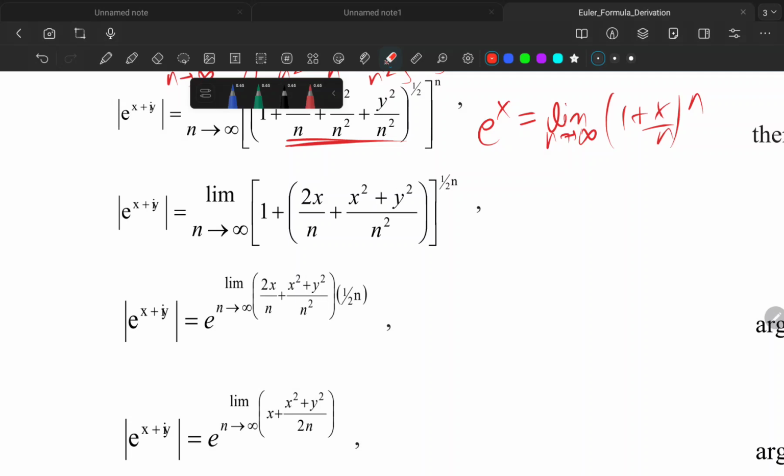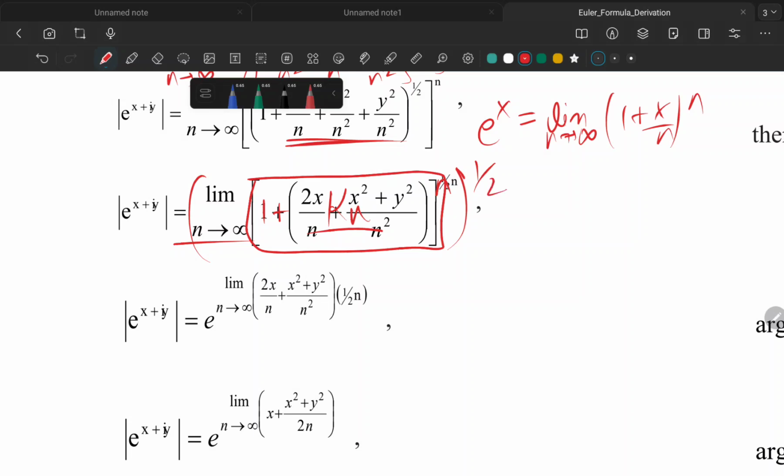Well, guys, if you look closely, as n tends to infinity, that is just helping us out. So it's a form that we have studied earlier in this video, that is 1 plus, let's say, k over n, limit n tends to infinity of (1 plus k over n) whole to the n, with a power of 1 over 2 outside this parenthesis.